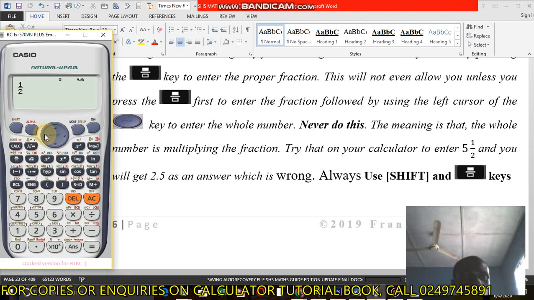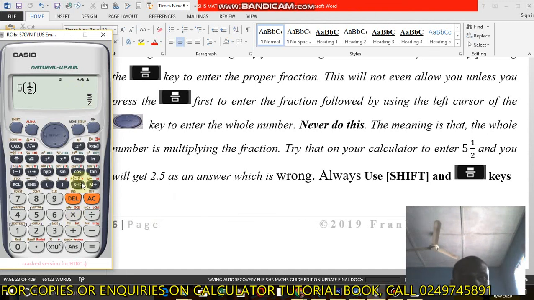When you do that, you are going to get a different answer. So when you have 5 whole number 1/2 and enter it this way, when you press equal to, as you wait for the feedback, you get 5/2 instead of the 11/2 that we got when we entered it in the appropriate way.